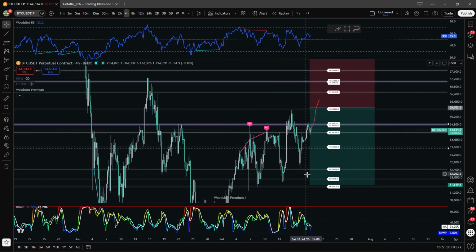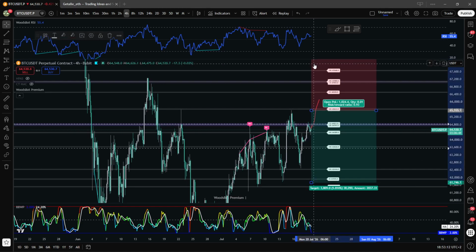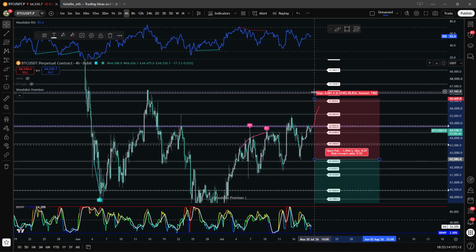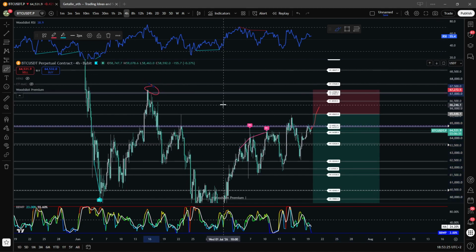This is a potential short that you can take. This would be your entry, and the invalidation would be above the swing high right here. So this would be a liquidity play, and a swing failure pattern play.